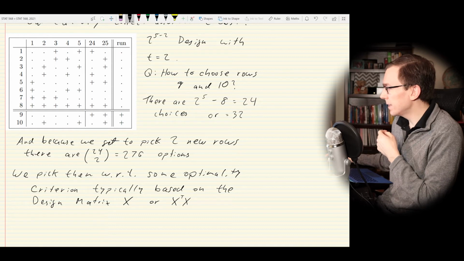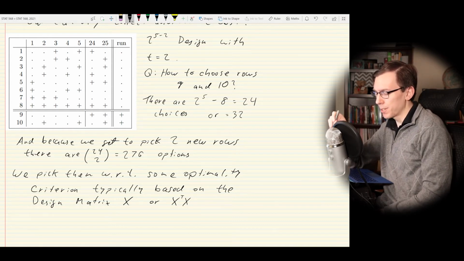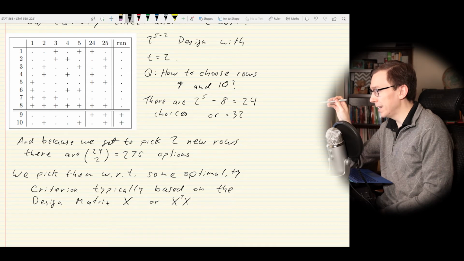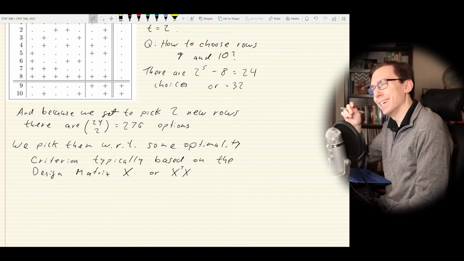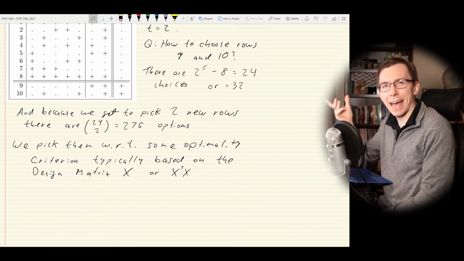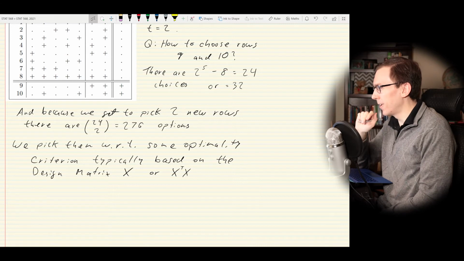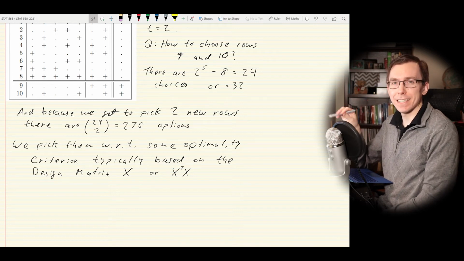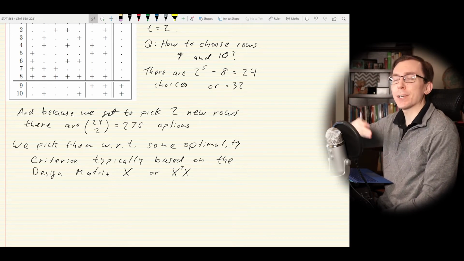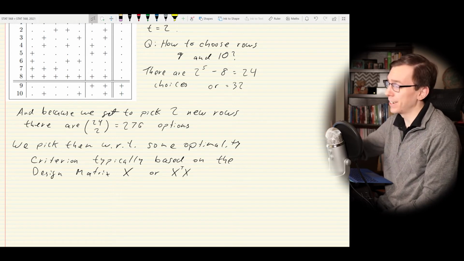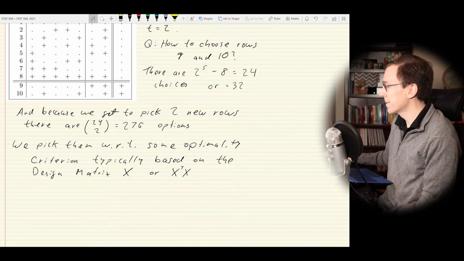Now, this table here was filled in with something called D-optimality. And D-optimality is, I think, the default in R, but I honestly would have to double check the package that I used to generate this. Now, there are R packages that will choose rows. So if you give it a design matrix and you say, I want to add in 2 or 10 or whatever more rows, it will then, with respect to a certain optimality criteria, find them for you, which is nice.